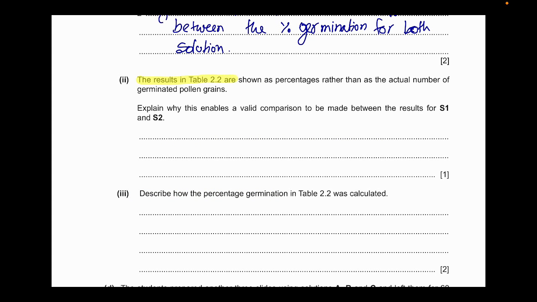The results in table 2.2 are shown as the percentage rather than as the actual number of germinated pollen grains. Explain why this enables a valid comparison to be made between the results for S1 and S2. So there were different numbers of pollen at the start of the experiment in each slide.